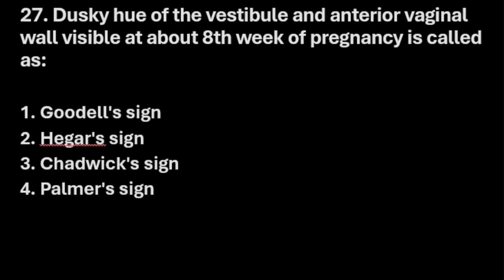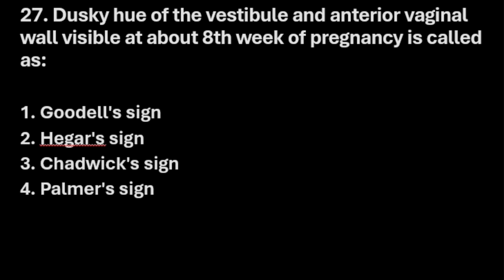Next question. Dusky hue of the vestibule and anterior vaginal wall visible at about 8th week of pregnancy is called option 1 Goodell sign, option 2 Hegar's sign, option 3 Chadwick sign, and option 4 Palmer's sign.